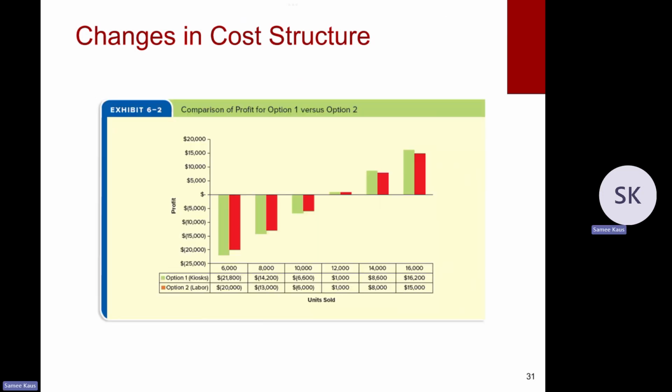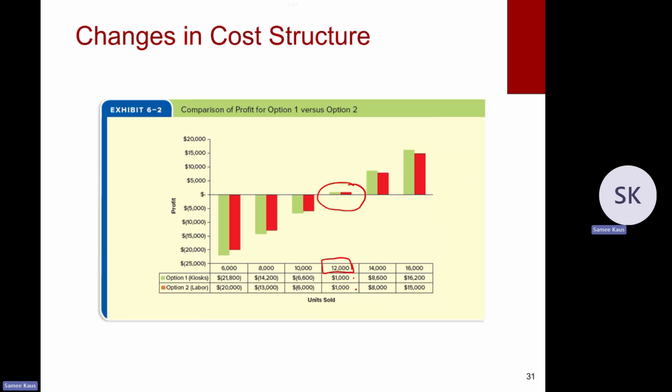Now if we look at this, what we're going to see here is that I can look at this based on profits under option 1 or based on profits under option 2. So we just calculated that under option 1 and 2, where I sell 12,000 units, I don't care between the two because I generate the same target profit.